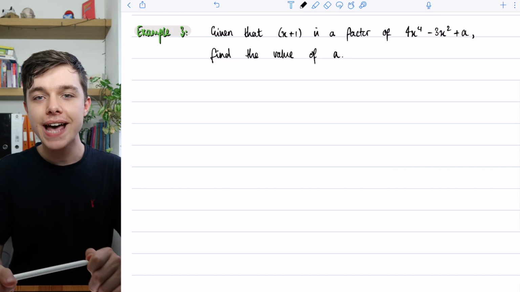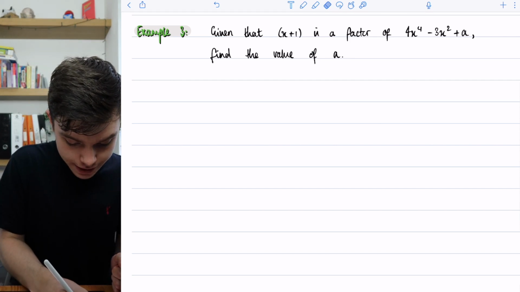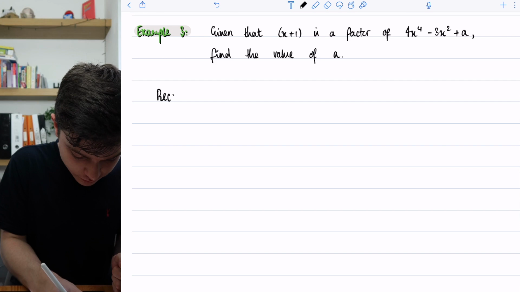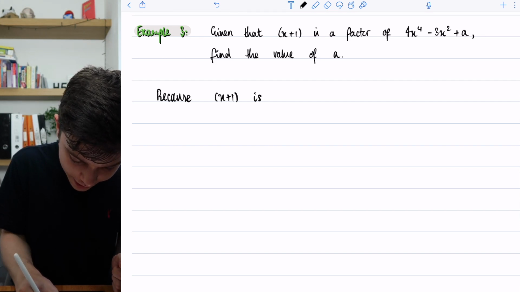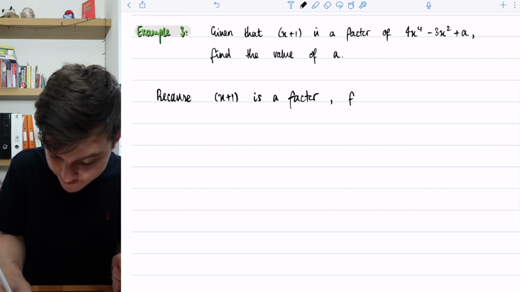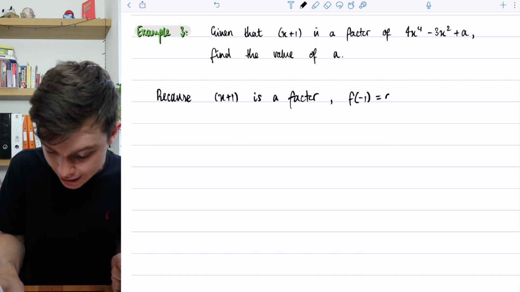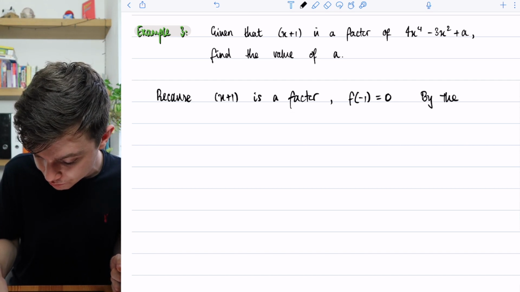Okay, so I just said think about f of minus 1 because, and I'll write it here, because x plus 1 is a factor, then we can straight off talk about f of minus 1 being equal to 0, and that is by the factor theorem.